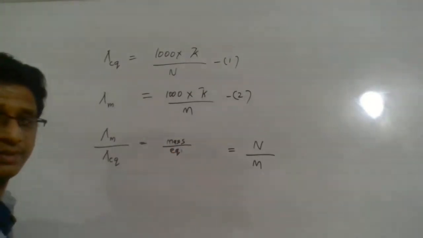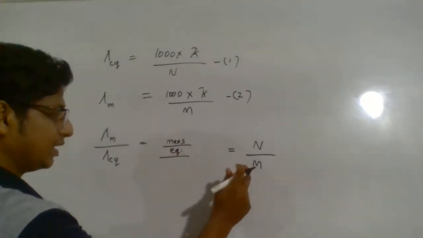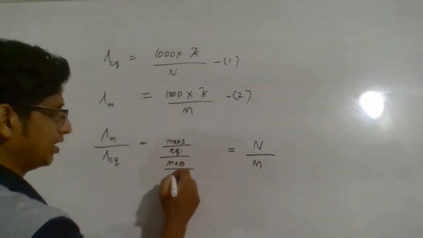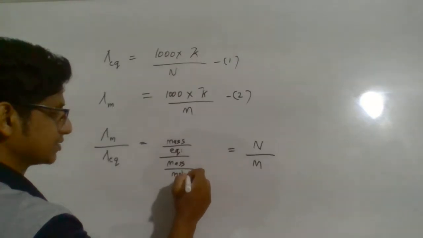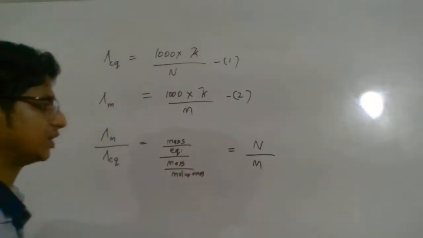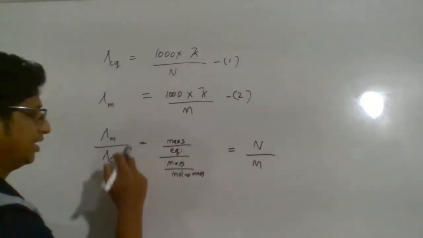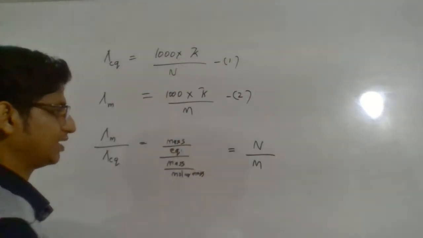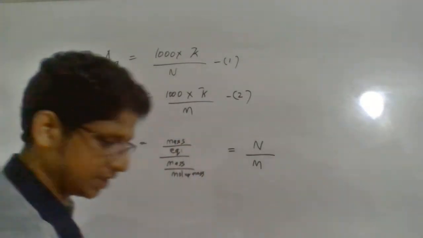Similarly, molarity is the mass of the substance divided by molar mass. So with molar mass and equivalent mass, we can still find a relationship between lambda m and lambda equivalent.